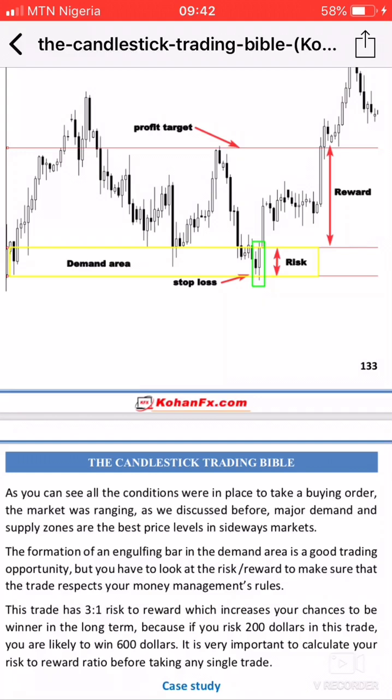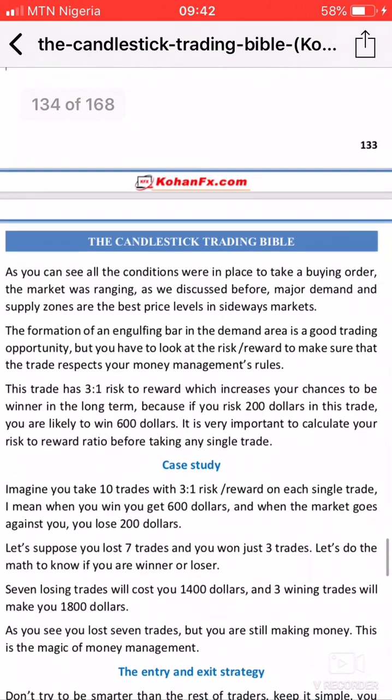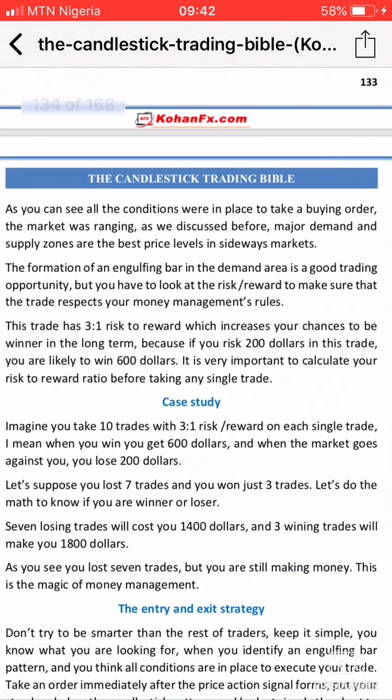It is very important to calculate your risk to reward ratio before taking any single trade. Imagine you take 10 trades with 3:1 risk to reward ratio on each single trade. I mean, when you win, you get $600, and when the market goes against you, you lose $200. Let's suppose you lost 7 trades and you won just 3 trades.